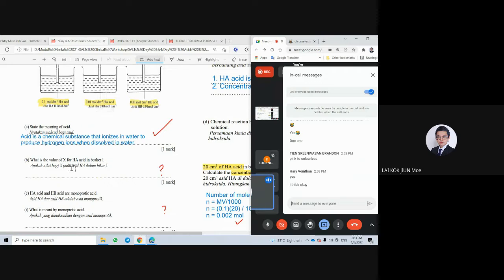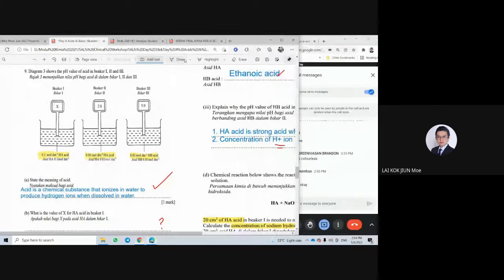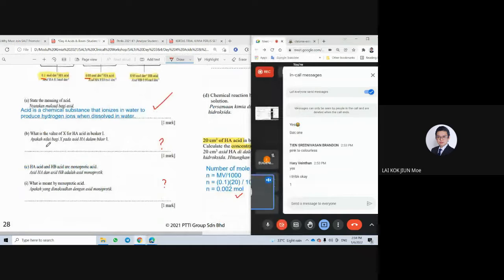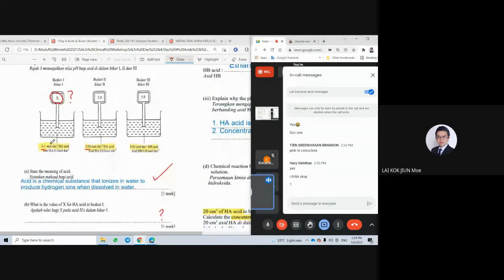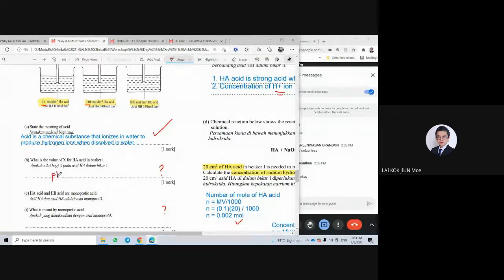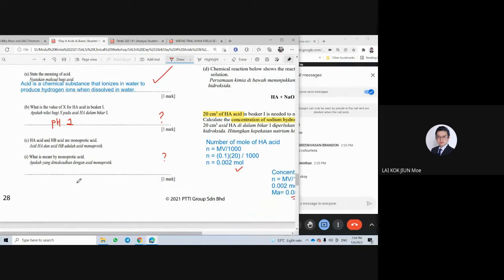So number B, the pH value for this one, what do you think? This is 0.1, this is 0.01. So you think 1 can? You write 1 also can, but writing pH 1 is more specific.